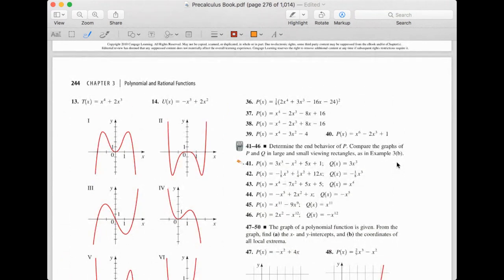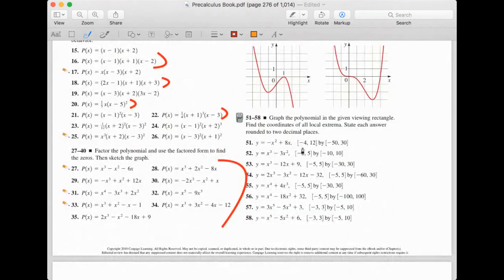Then 36, 37, 38. All right. Okay, let us try 16, 18, 20, 22 for now.